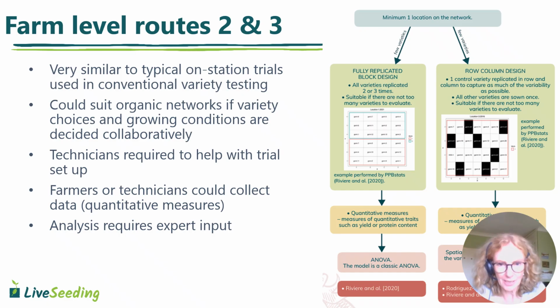That's what ANOVA is, and then some other models that are hidden by my head there, a little more complex statistical models as well. So this looks much more like what you might see on a research station, requiring technicians to help. Farmers or technicians could collect the data, but you definitely need someone with experience and expertise in the statistical side of this one.